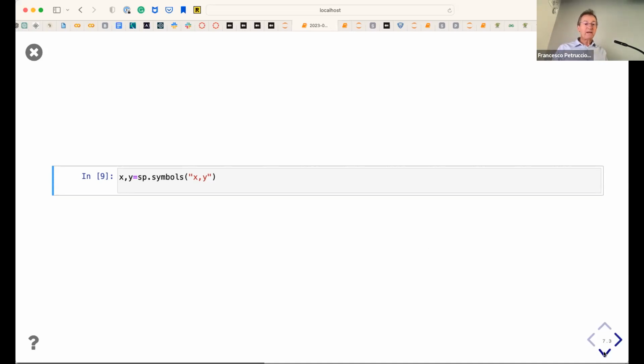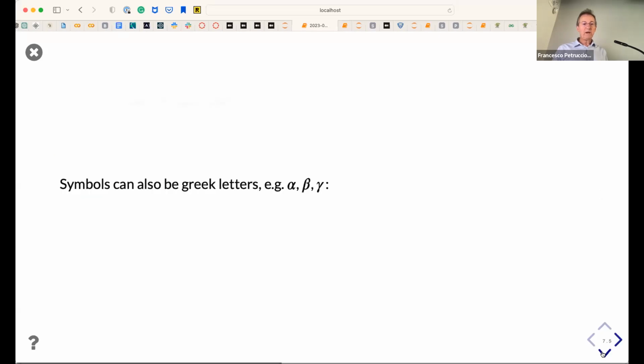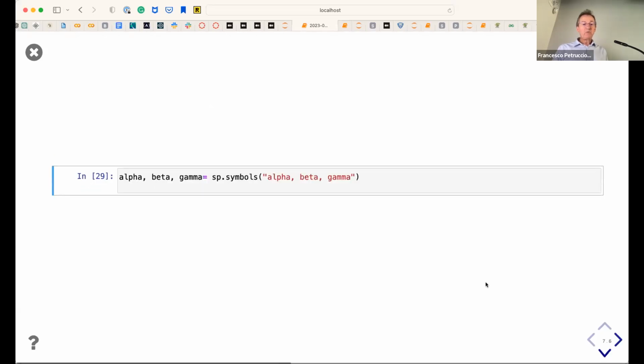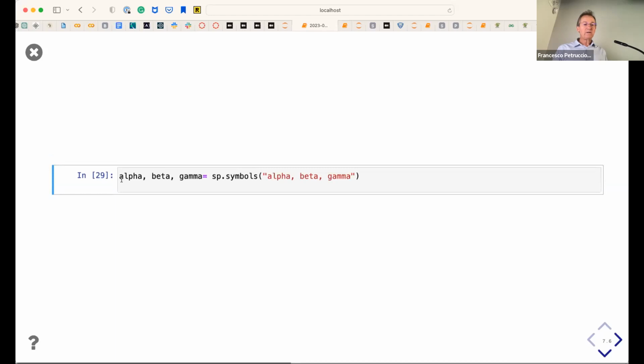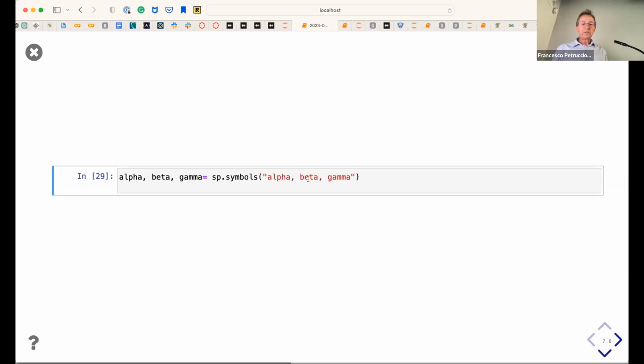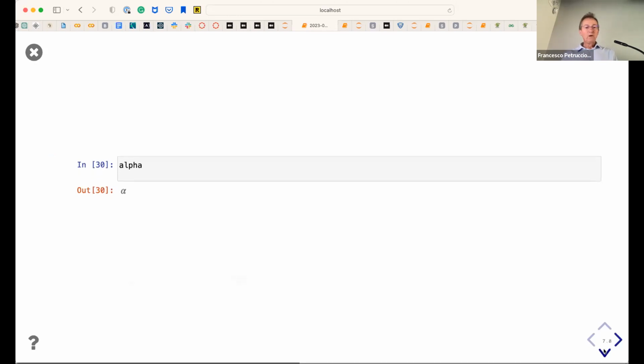Here we come to the Greek letters. SymPy understands Greek letters: sp.symbols alpha, beta, gamma, and if you look at what alpha is, it tells you that's alpha.